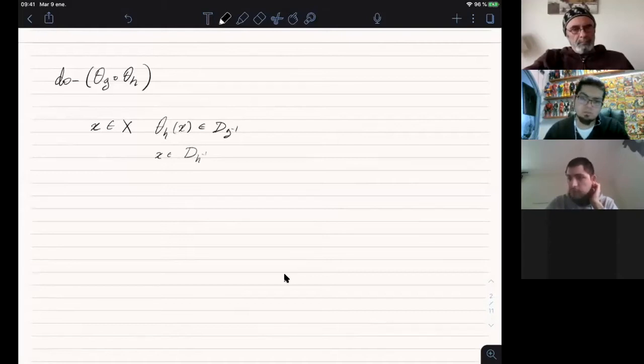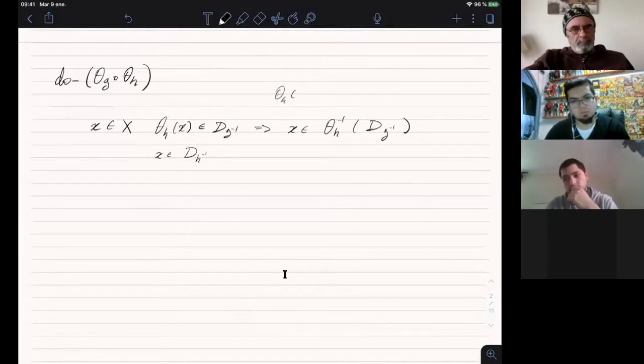Then, this part implies that x is going to be in the inverse image of the domain of theta g. And of course, as theta is well defined, then this is going to belong to this part. Then what we have here is that x is going to belong to this intersection here. That's what I wanted to show you.